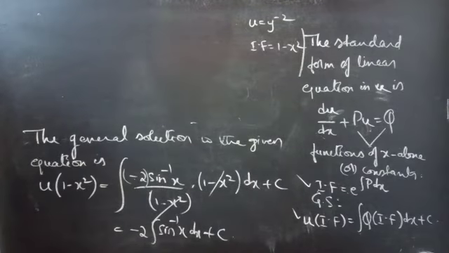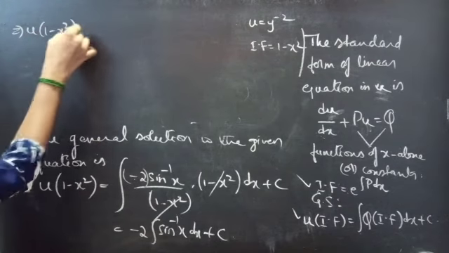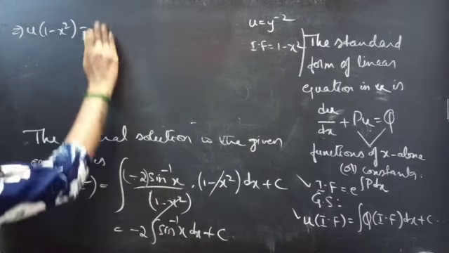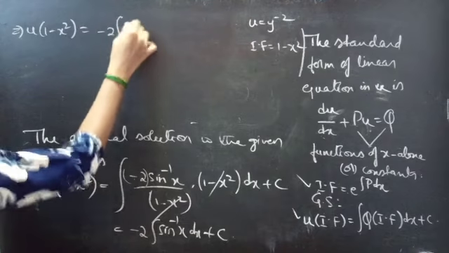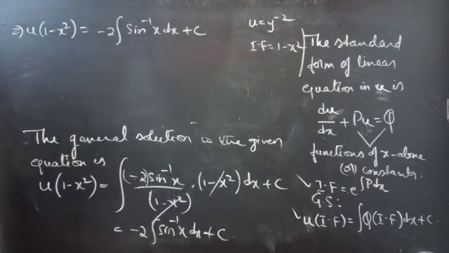Now we have u into 1 minus x square equals minus 2 integral sine inverse x dx plus c.